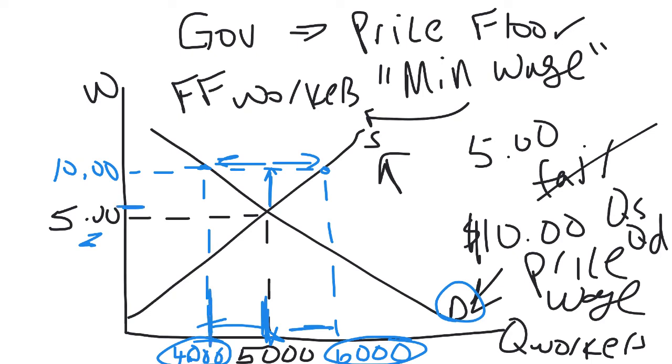Well, those would be people whose skills are valued at, let's say, $5, $6, $7, $8, and $9 an hour. So if your skill is $6, $7, $8, or $9 an hour, you're the ones that are getting fired. So the lower educated, the less experienced, those are the people that are going to be fired. And the people that are worth, and you might not like that word, those are the people that produce $10 an hour worth of goods and services. Those are the people that keep their jobs.